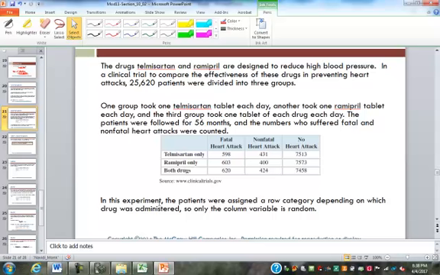So in this experiment, the patients were assigned to a row. We randomly chose patients to be on telmisartan. Sorry, I have a hard time pronouncing that. Telmisartan or ramipril, or the combination of both drugs. So what we've done is essentially created 3 different populations, and we're gathering the same data from all 3 populations, but it is 3 separate populations. We just didn't randomly select people and divide them by what drug they were on and what conditions resulted.